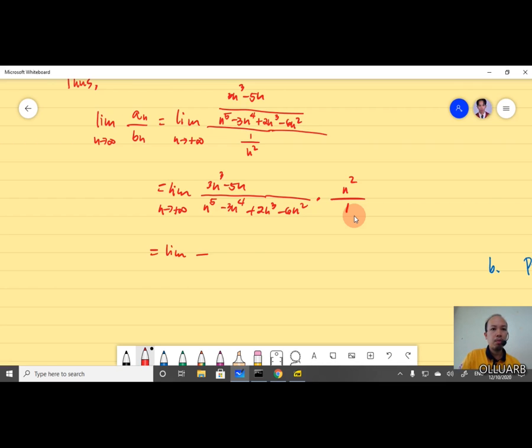We further simplify. We will have 3n to the 5 minus 5n cubed over n to the 5 minus 3n to the 4 plus 2n cubed minus 6n squared.